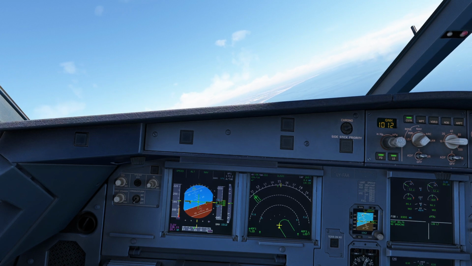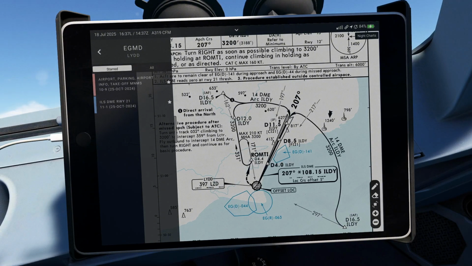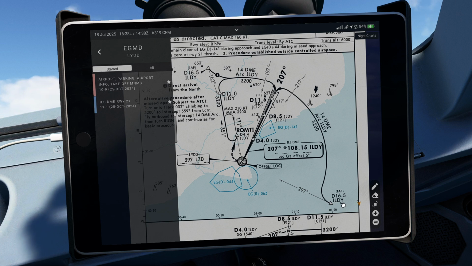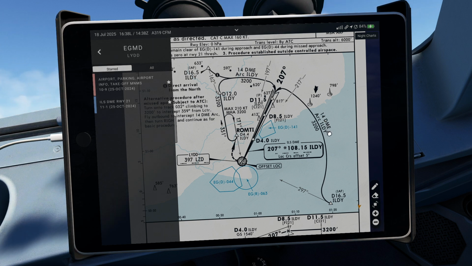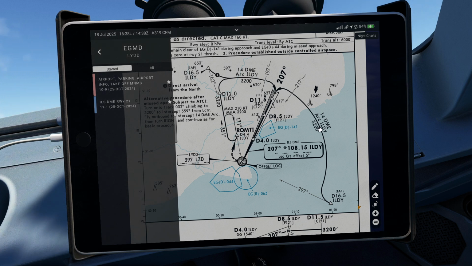Return back to the fourth item, which was the aerospace conflict. As you see here, upon reaching the initial approach fix, we will later proceed to the 14 DME arc from the India Lima Delta Yankee, which is the ILS DME, descending 3200.